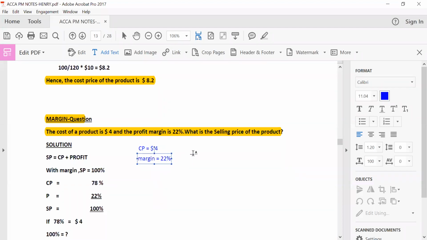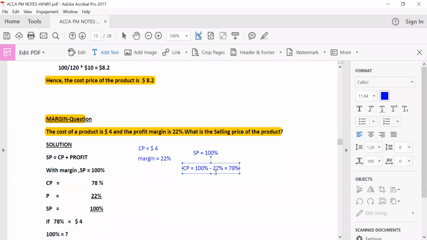So far as we are talking about margin, I should know that selling price is equal to 100%. Note that cost price is 100% when we are talking about markup. So if selling price is 100%, given the profit element to be 22%, then we can estimate the cost price percentage to be 100% minus 22%, which gives me 78%.